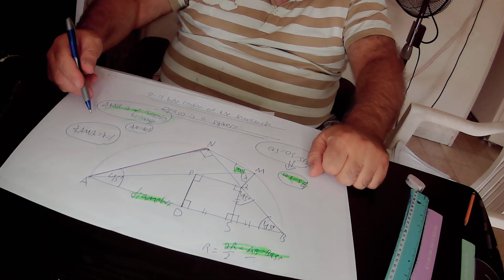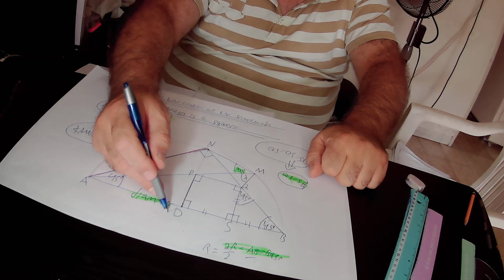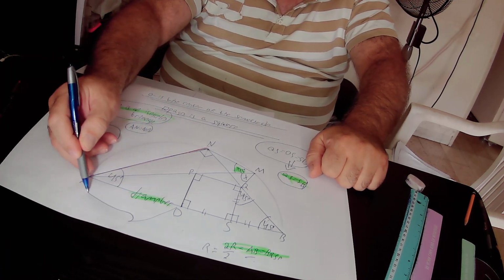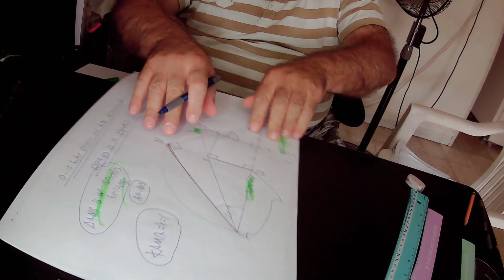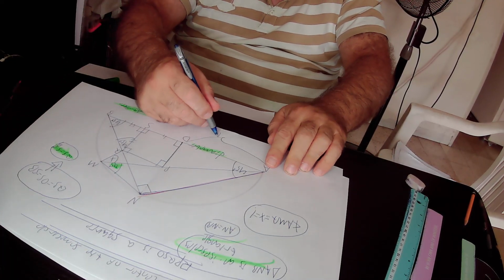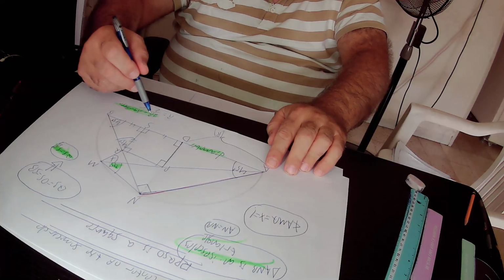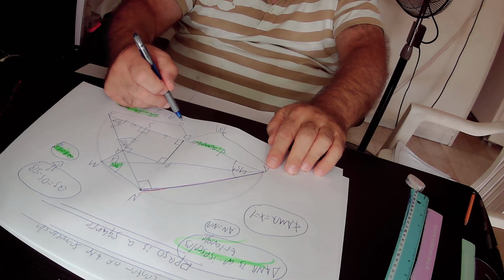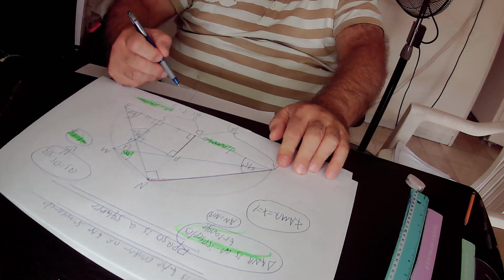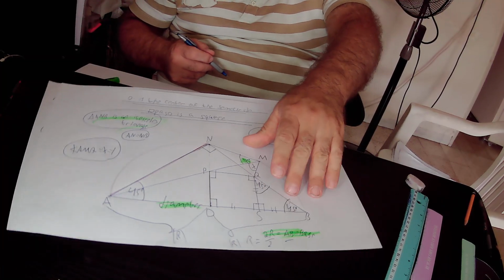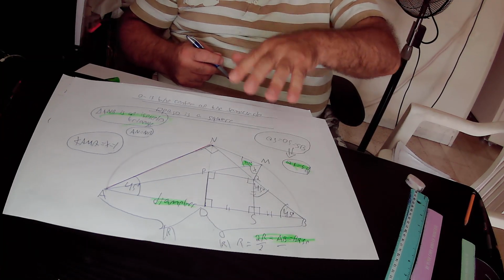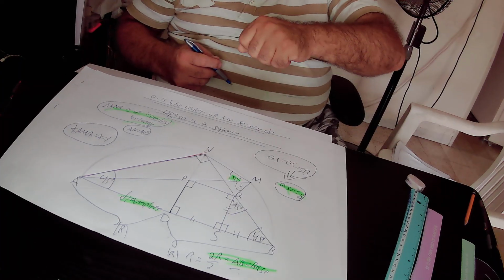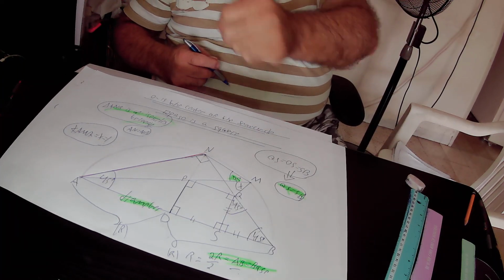So the first half, AO, is equal to R, the radius of the semicircle, and the second half, OB, is also equal to R, that is the radius of this semicircle. But the question is where the perpendicular from point N will touch the base AB.